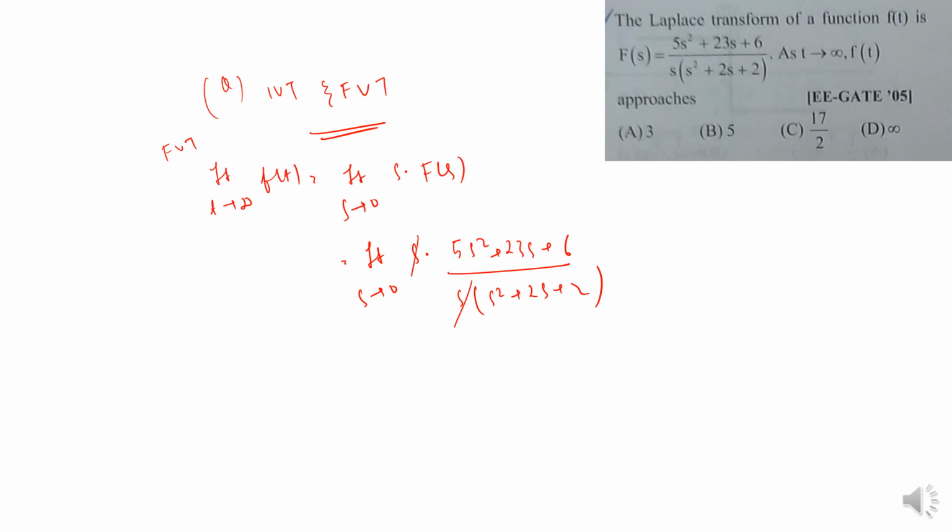Now s cancels. Applying the limit, the s terms become 0. What is remaining? 6 by 2, which is 3. Therefore the final value is 3. Option A.